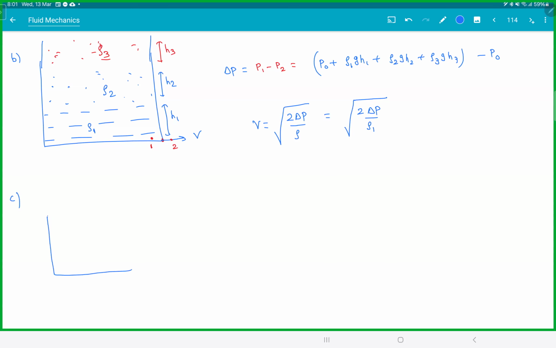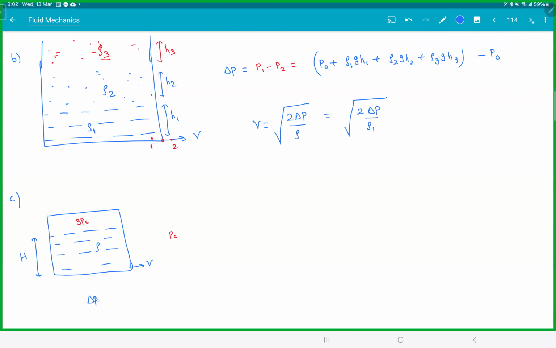Suppose they ask you a question like this: the container is sealed. There's a liquid of density rho, height h, and inside this container the pressure of the gas is 3p naught. Now what will be the velocity of efflux? You're getting the same cases, different variations.